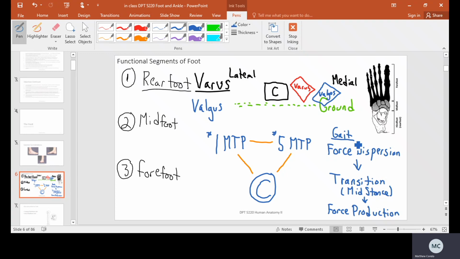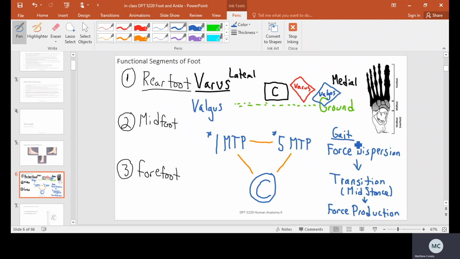And as I go into toe off, where I'm pushing off and my toes are on the ground, I'm going to have rear foot varus. So literally what you see as the foot is entering the gait cycle and the weight-bearing position is this concept over and over again, where I'm going valgus, varus, valgus, varus, okay?